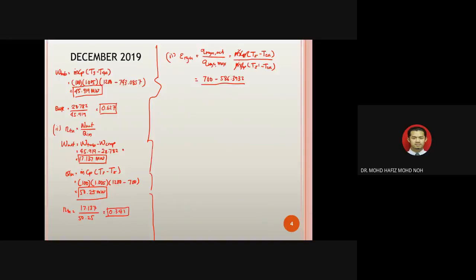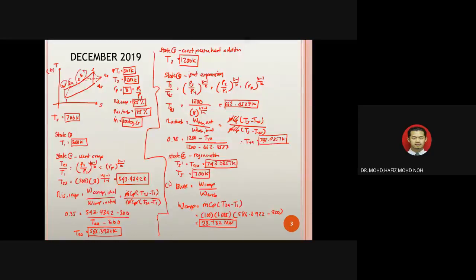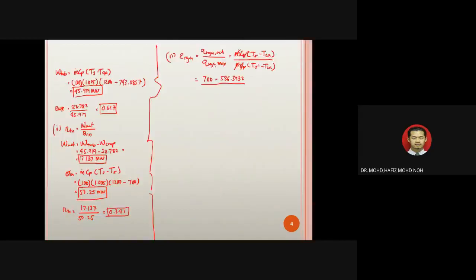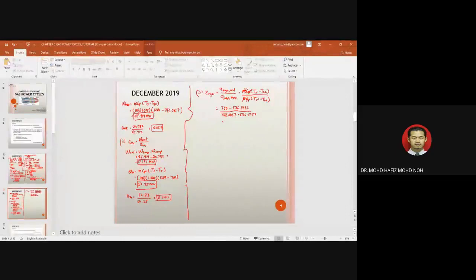T5 prime is equal to T4 actual, so T5 prime is 743.0857, minus 586.3932. So from here you will get the value of Q regeneration.